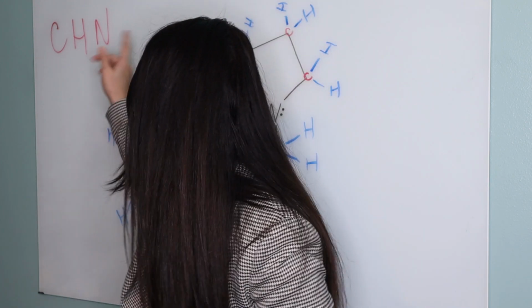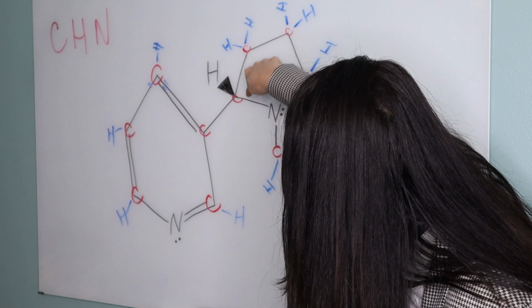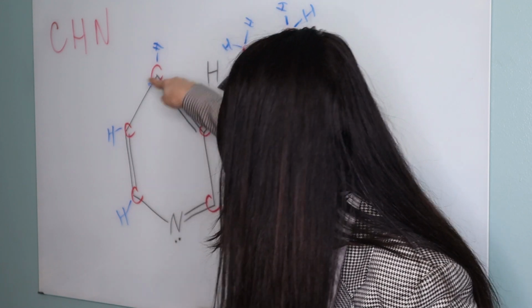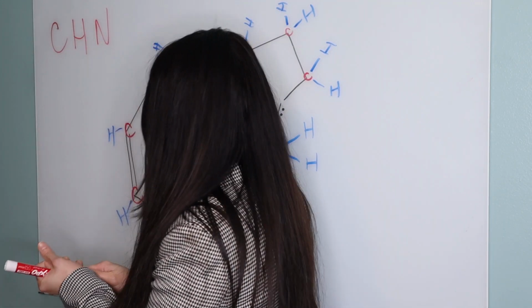So we're going to go ahead and count our carbons. We have 1, 2, 3, 4, 5, 6, 7, 8, 9, 10. Actually, let me use another color.